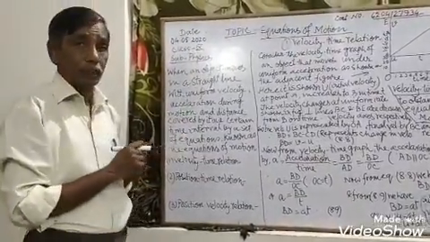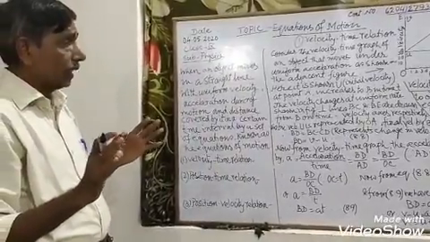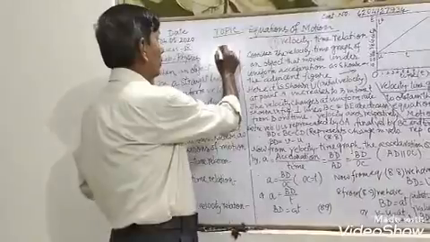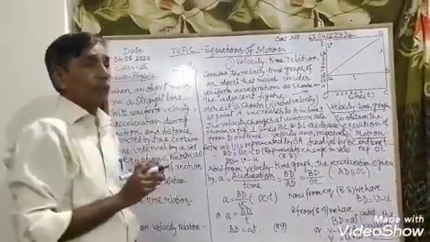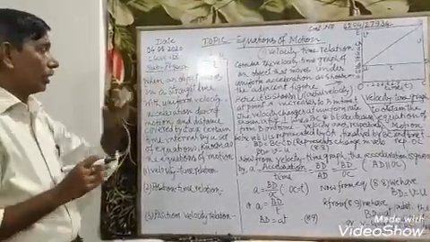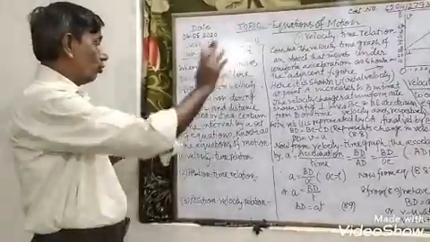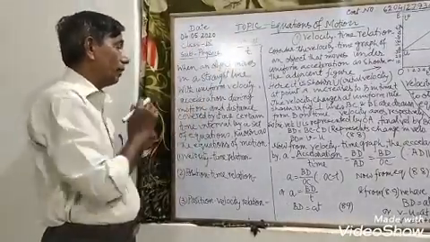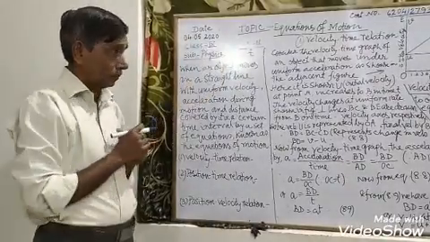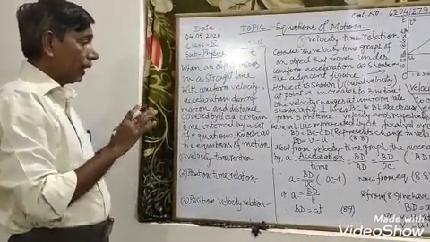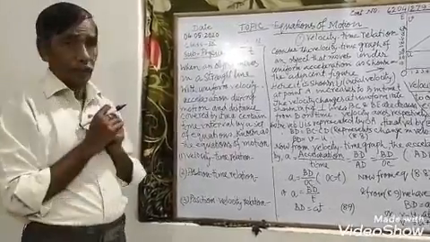What is acceleration? The rate of change of velocity is called acceleration. That is v minus u by t. During motion, whatever distance is covered by the object in a certain time interval is expressed with a set of equations.